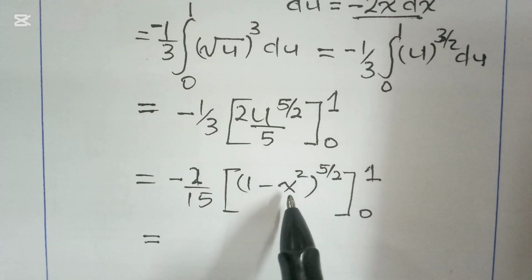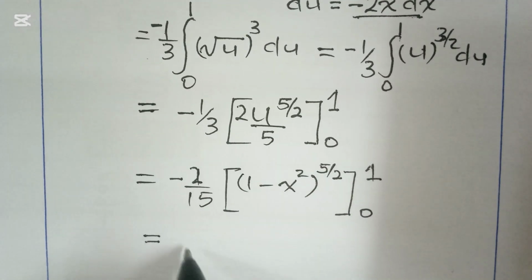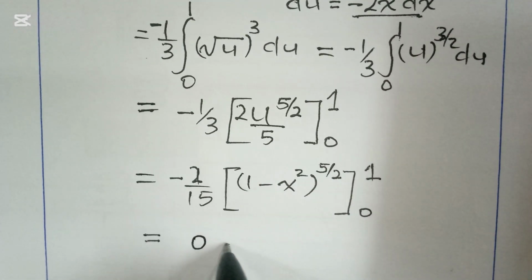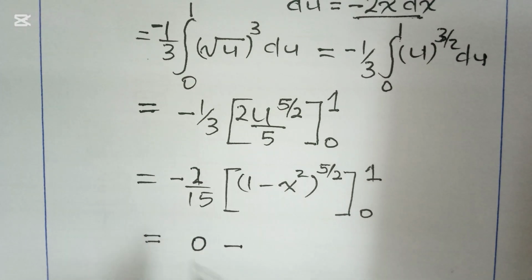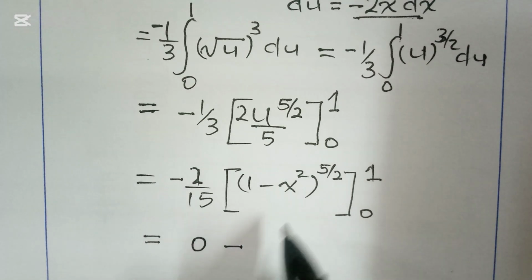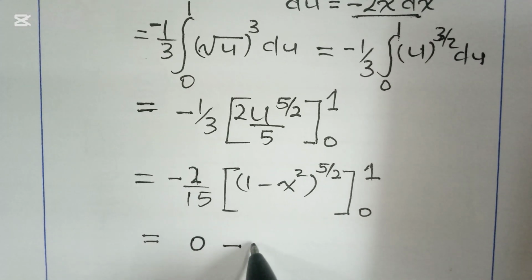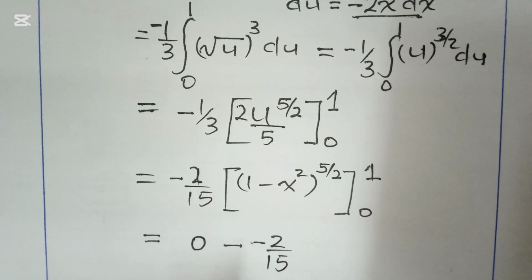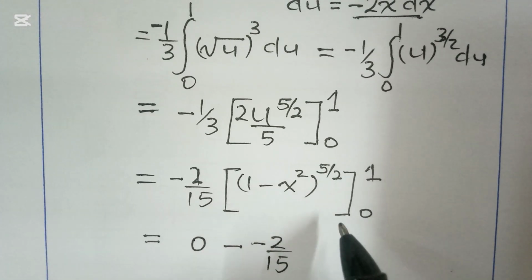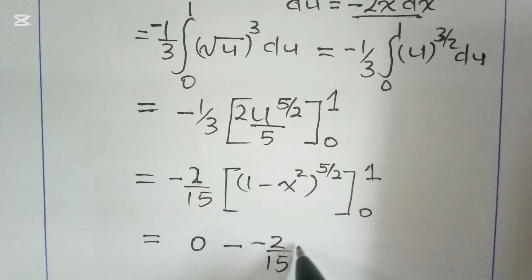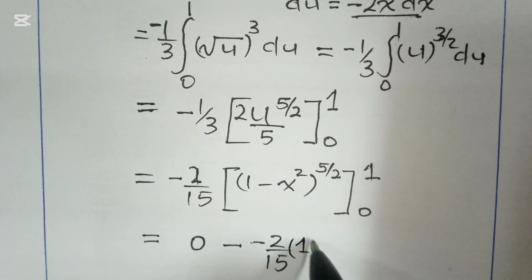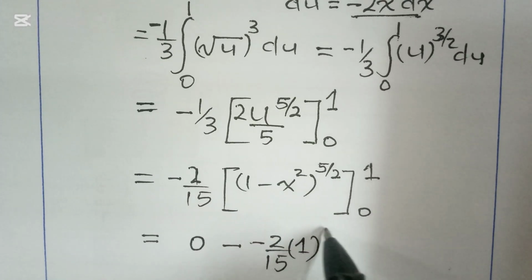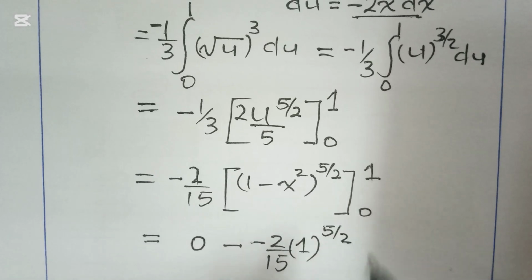If we replace for 1, this becomes 0. So you shall have 0 minus, now we replace for 0. So we have negative and negative 2 all over 15. If we replace for 0, we'll have 1 raised to 5 over 2.